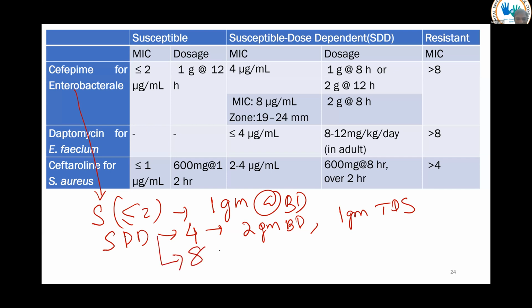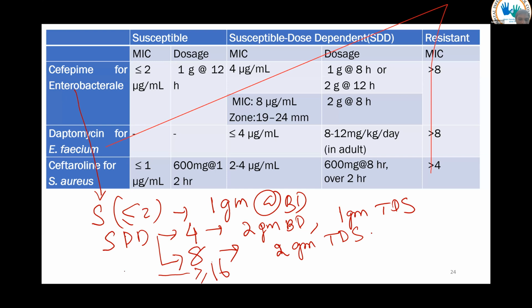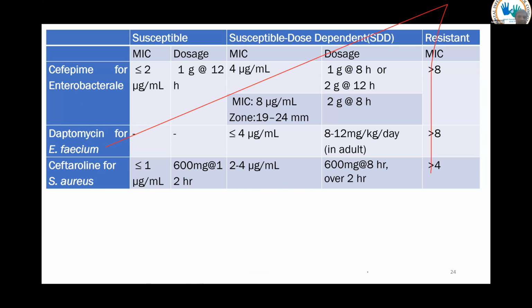If the MIC is 8, then it is still SDD, but you have to give a higher dose, that is 2 gram TDS. Then if the MIC is 16 or more, it is considered resistant. In such case, the drug is not given. So this is a clear-cut established breakpoint.